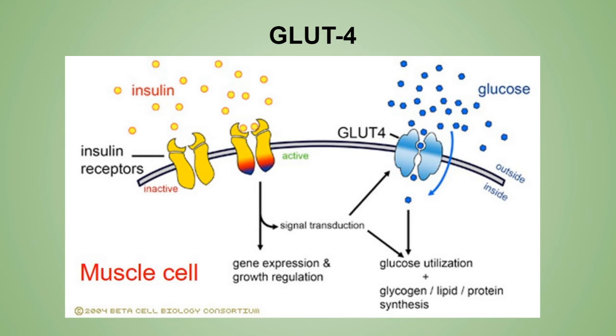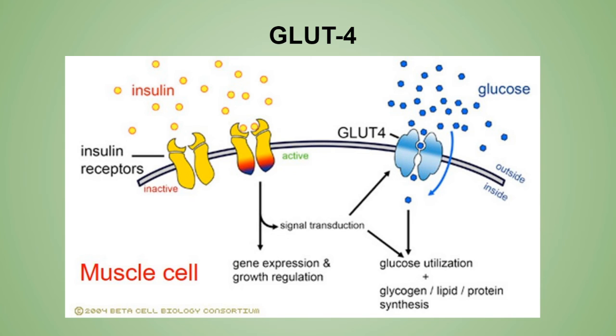Next is the GLUT4. What is GLUT4? GLUT4 is the glucose transporter 4. Now this is also very important. It is mainly present in the muscle cells, the skeletal muscle, and the adipose tissue. And GLUT4 is under the control of insulin, while the rest of the glucose transporters are not under the control of insulin.